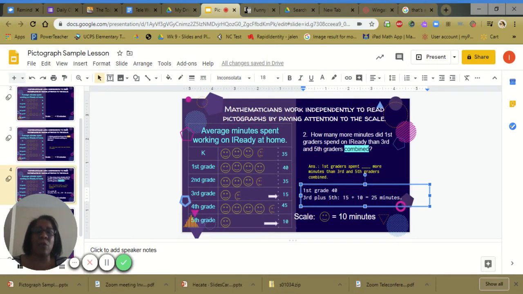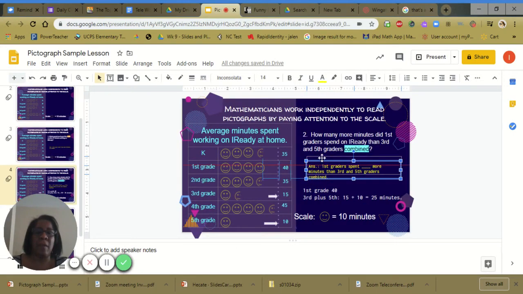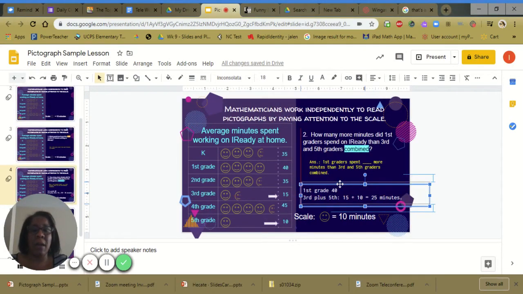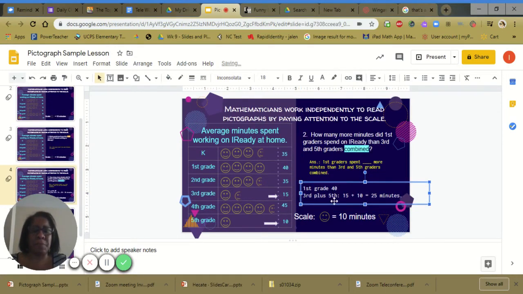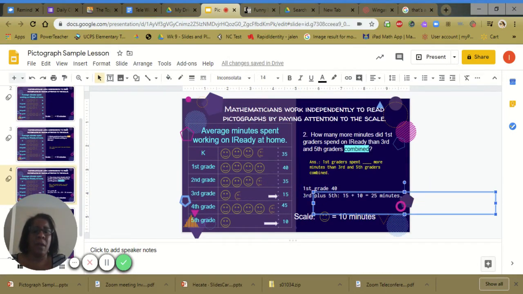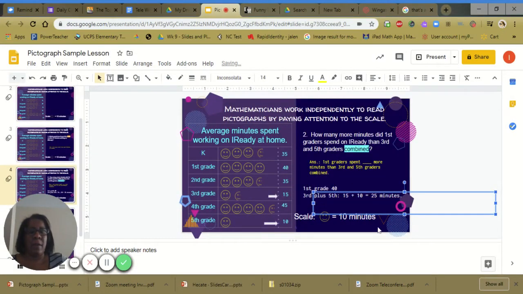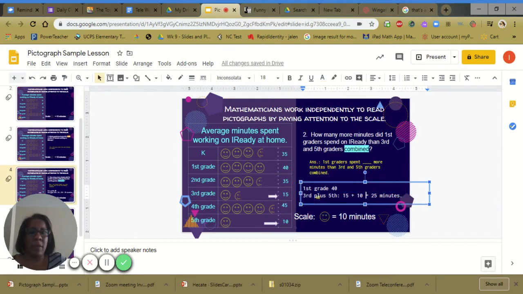So now I'm going to subtract, because if I'm comparing, I'm finding the difference between them. When we find the difference, we're subtracting. So the difference between the two, let's put it in yellow here. 40, and I'm just going to bring this down here.